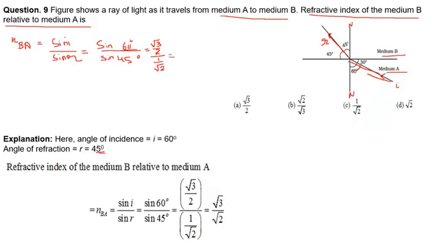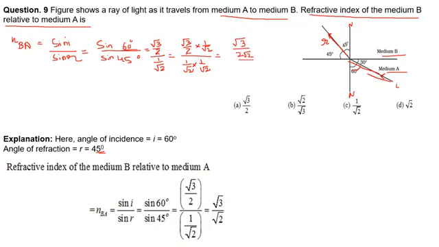Root 3 upon 2 divided by 1 upon root 2. When you multiply this, what are we getting? We are getting root 3 and 2 root 2, right?